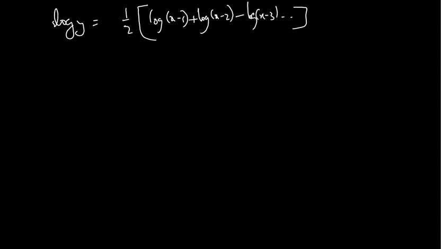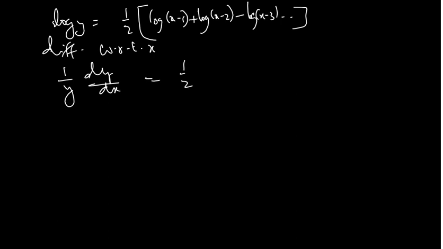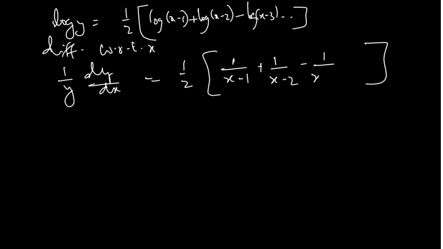So now differentiate with respect to x. 1 by y into dy by dx equal to half. You are differentiating each one: 1 by x minus 1 plus 1 by x minus 2 minus 1 by x minus 3 minus 1 by x minus 4 minus 1 by x minus 5.